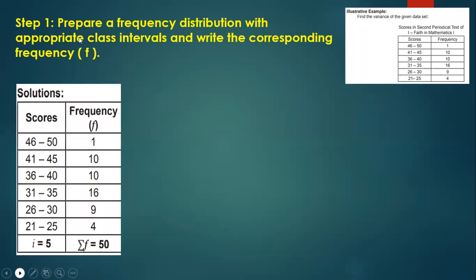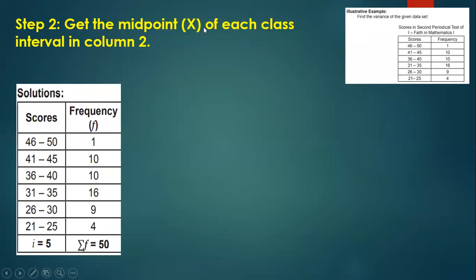Step number 2, you need to get the midpoint of each class interval in column 2. This is your class interval, each class interval. So how to get the midpoint of your class interval? You add the lower boundary and the upper class boundary, then divide by 2.